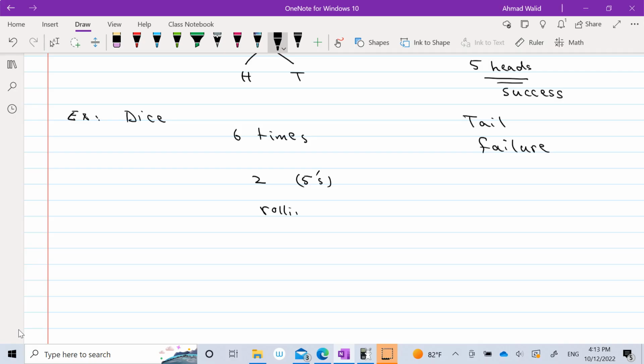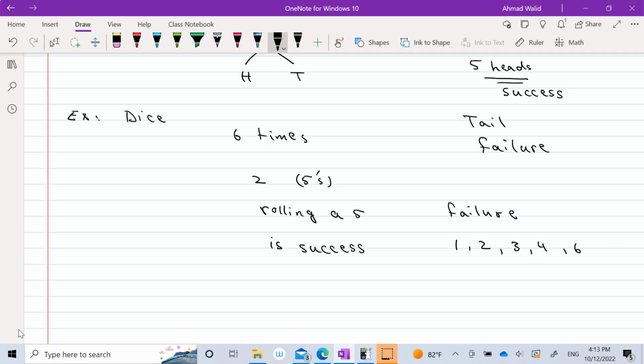Rolling a 5 is success because that's my goal. What is the failure here? Your failure will be the rest, which is 1, 2, 3, 4, and 6. If you roll these, they are the failure, right? You can change any probability and see it as a binomial probability.